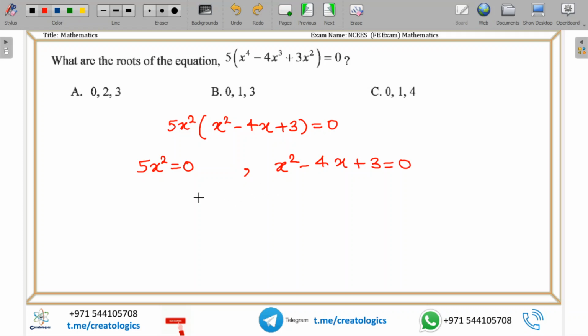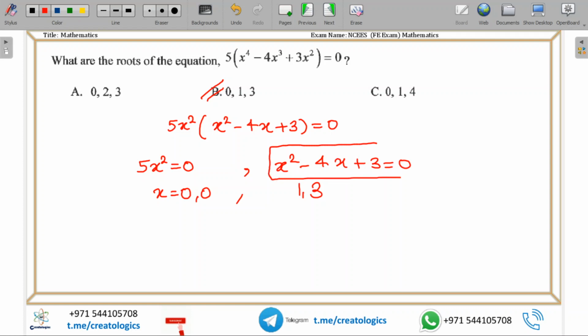From here I am getting x equal to 0, a repeated root, as well as 3 and 1. So you have these values in total. From the options, as you can see, option B is the only correct possibility.